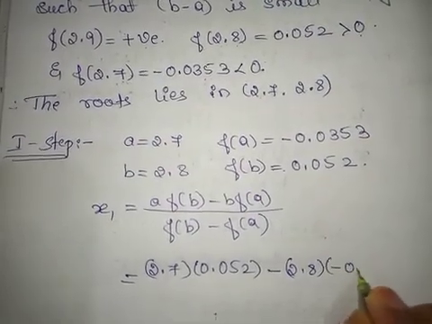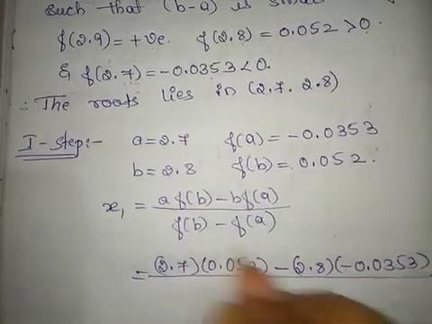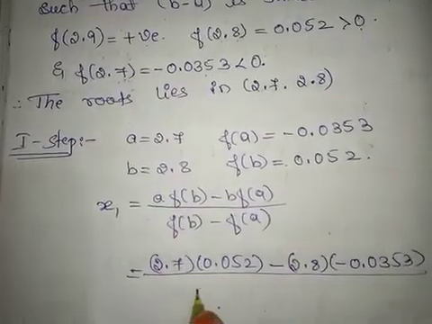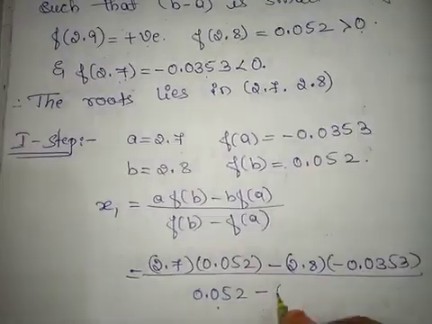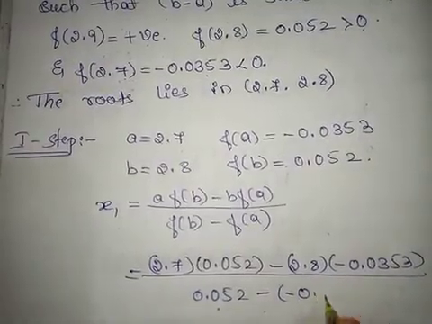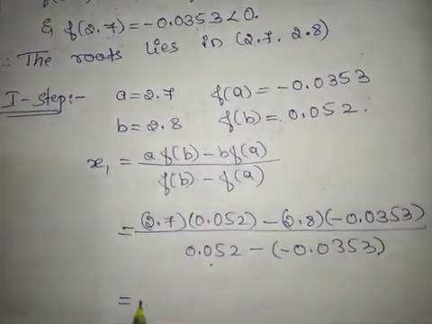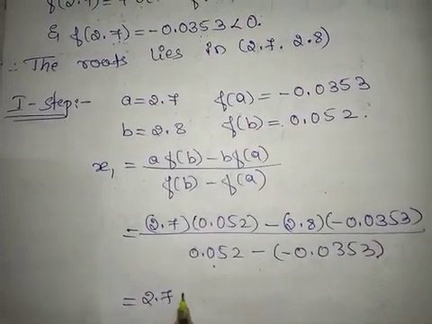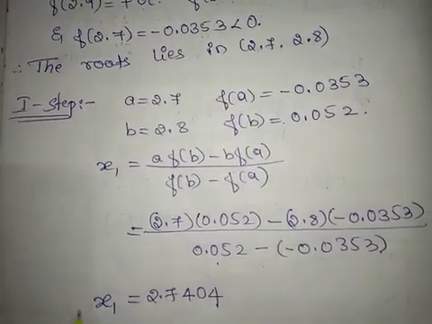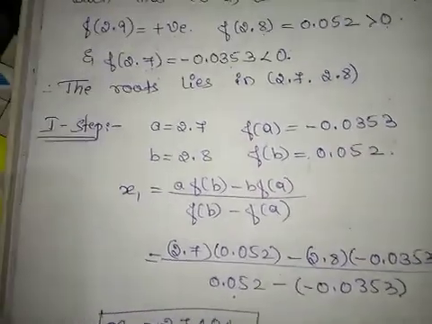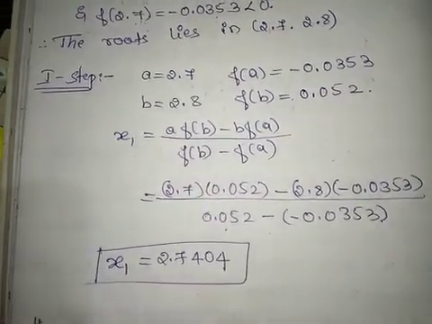This is minus 0.0353 whole divided by f of b value is 0.052 minus f of a value is minus 0.0353. Calculate this, we get 2.7404. This is what? X1. This is first approximation. Next is second step.